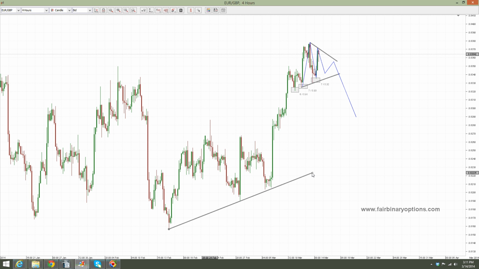Like this. And then if you clone it and put this one here, it is like this. So basically, this triangle acted as a reversal pattern. What does it mean? It means that price came here, consolidated in this triangular formation, and then broke higher.